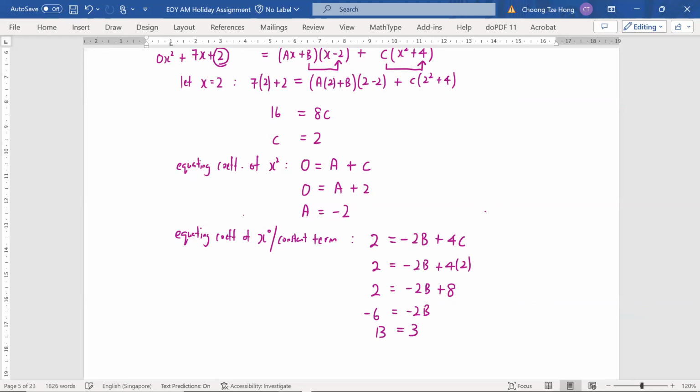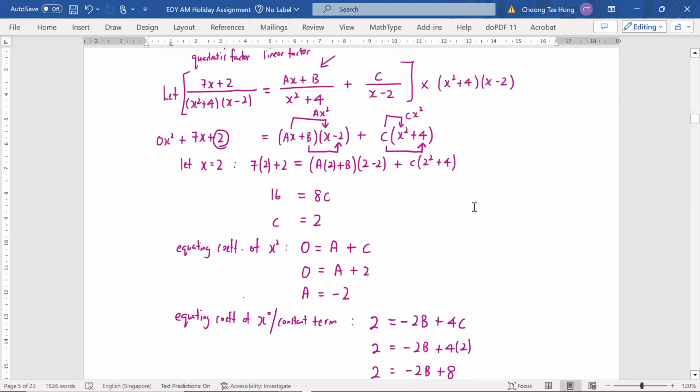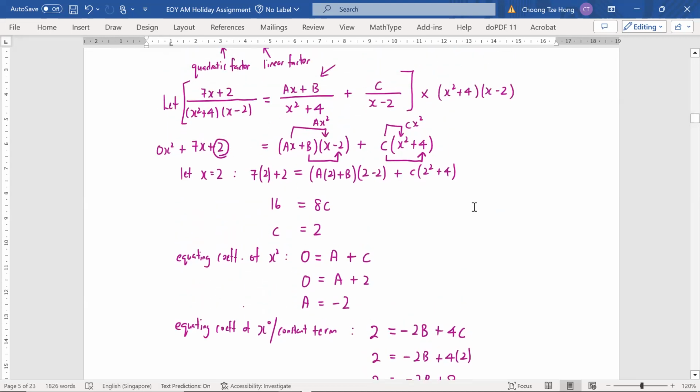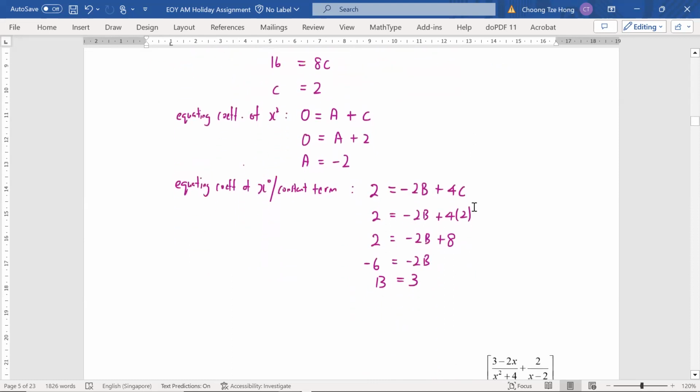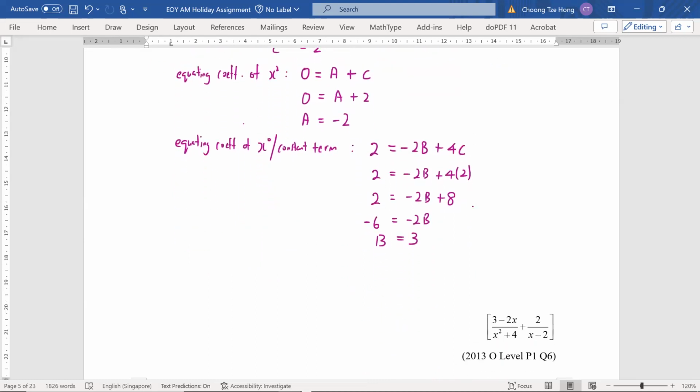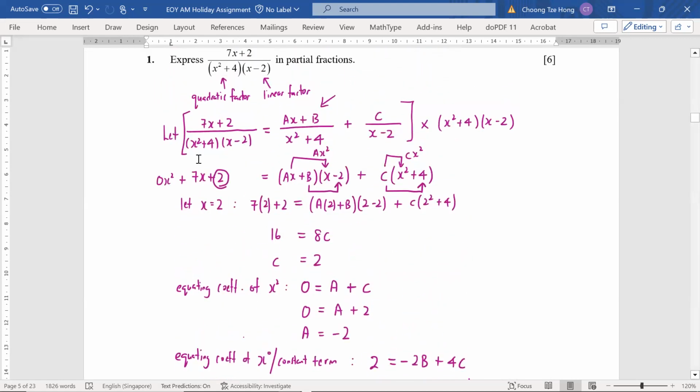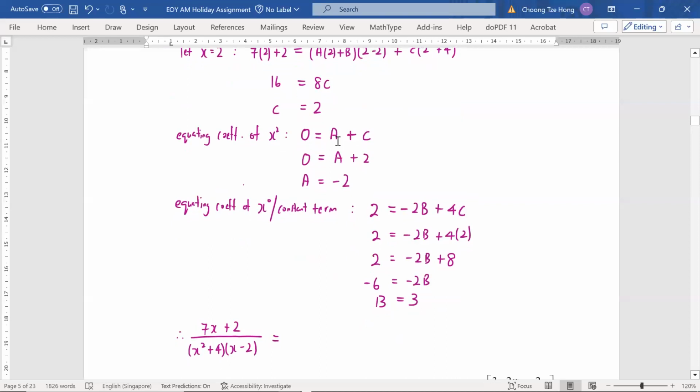So we have already found a, b, and c. So then we can just rewrite the whole thing as a partial fraction, right? So let's do that. Therefore 7x plus 2 over x squared plus 4 x minus 2 will be equal to, now this a is minus 2 and b is 3, right?